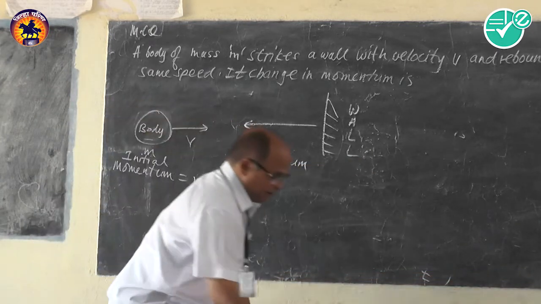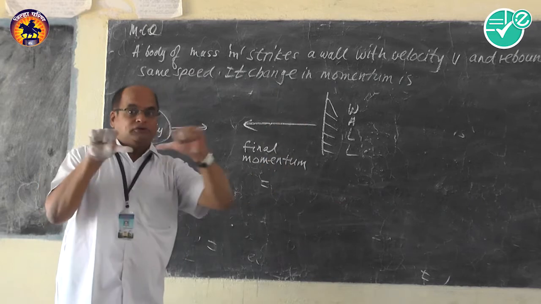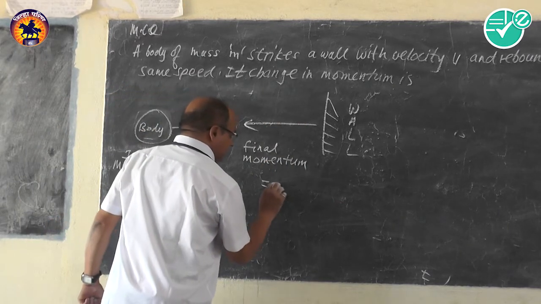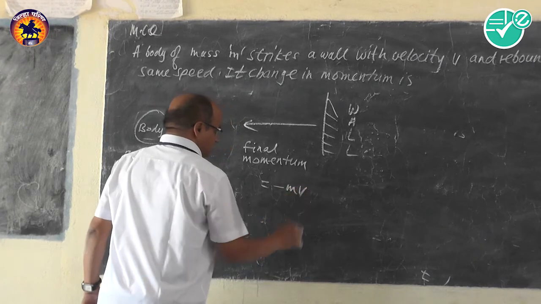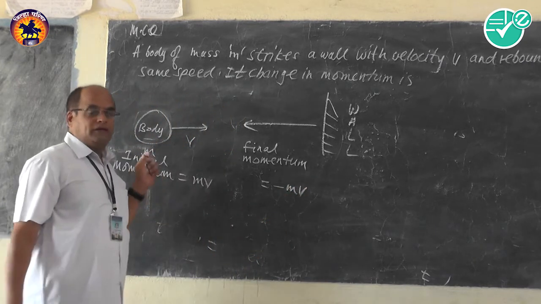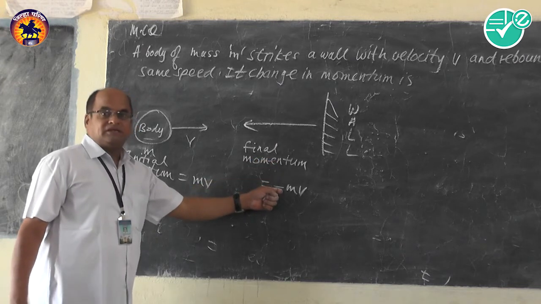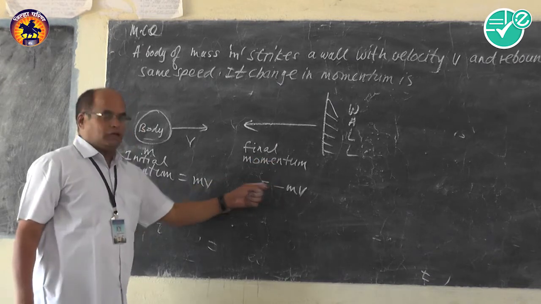They are in opposite directions, so naturally a negative sign will be there. The magnitude of initial and final momentum is the same, but since it rebounds back, it is negative.